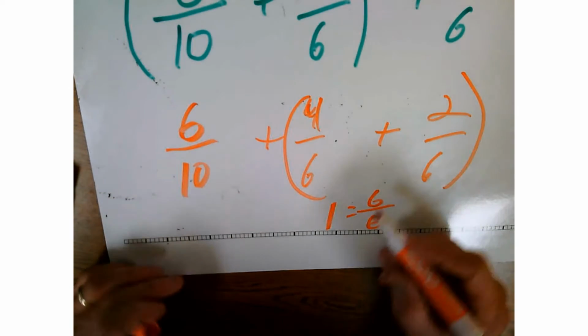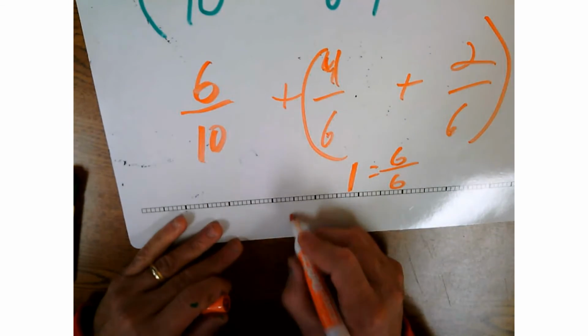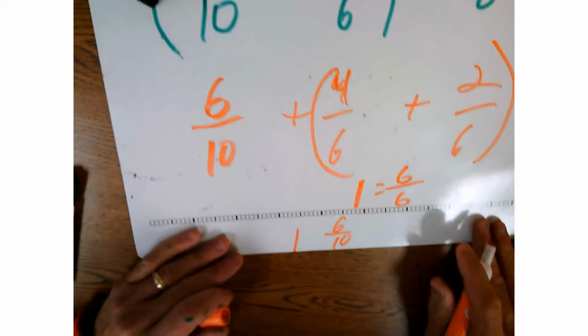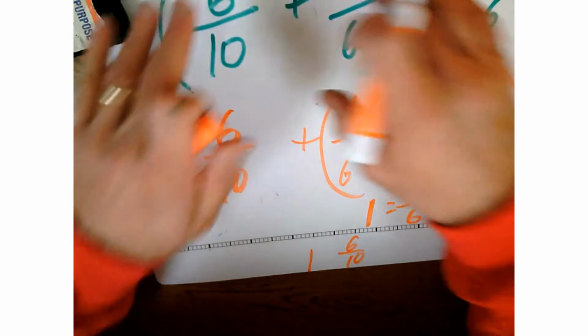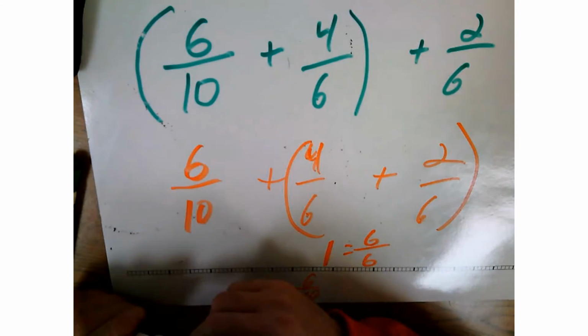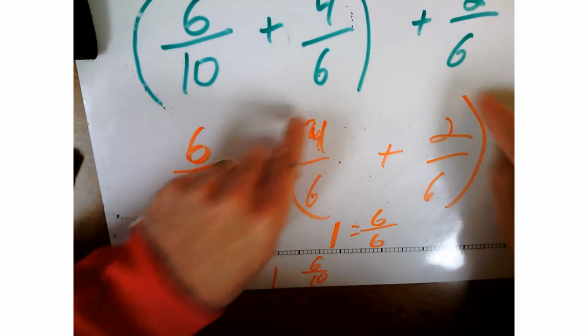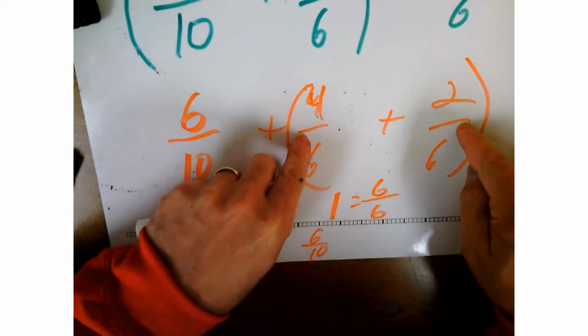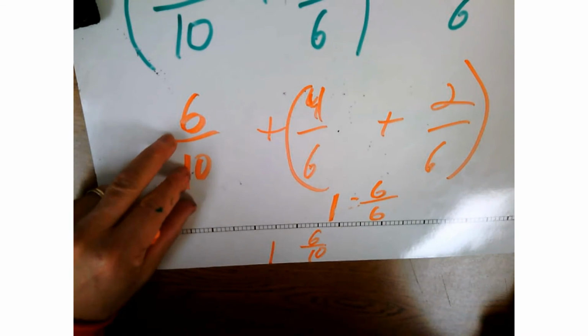And now that I know that this is 1, I know that my answer is just plain old 1 and 6/10. I mean, you could have found an LCM, a common denominator, added them together, then added this, then simplified it. You could do all that and you'll get 1 and 6/10. Or you could just see, if I use my associative property, I can regroup it, come up with a whole unit, and add it together. Very simple.